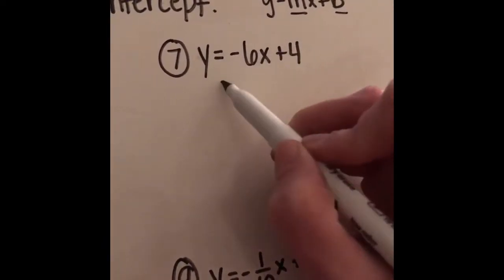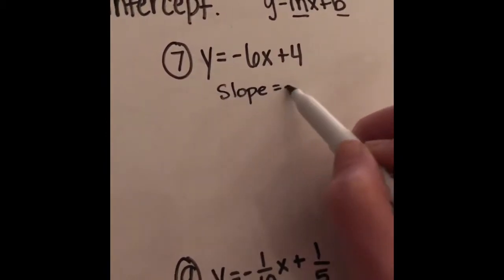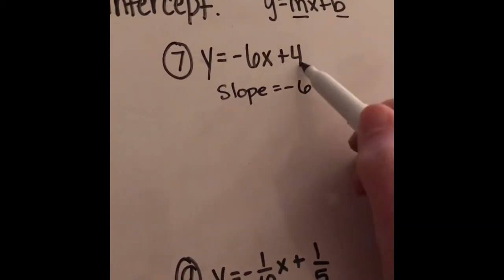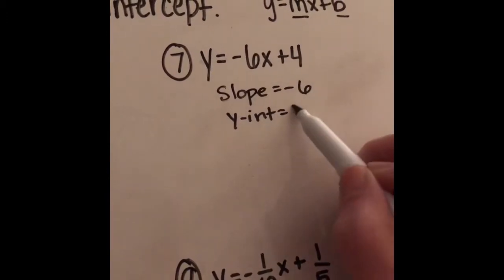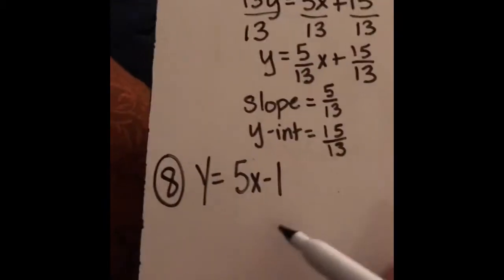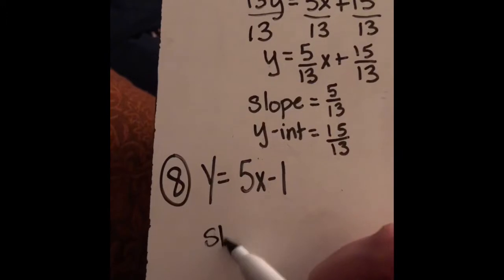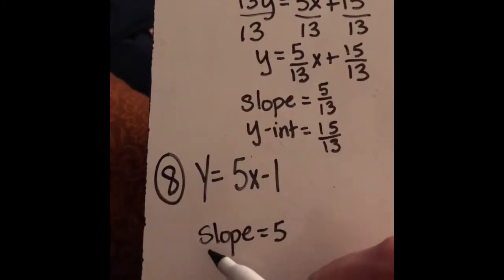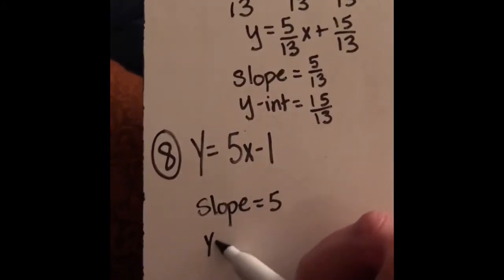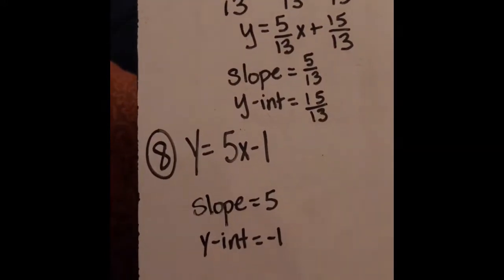It's already in the correct format, so your slope here is -6, and your y-intercept is 4. Okay, down here, again, it's already in the correct format, so your slope is 5, and your y-intercept would be -1. Okay.